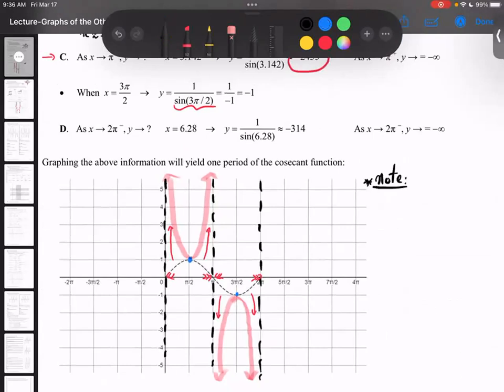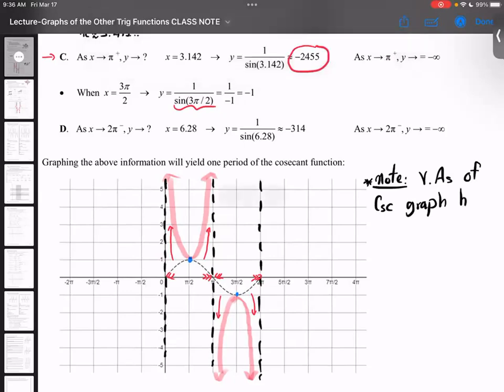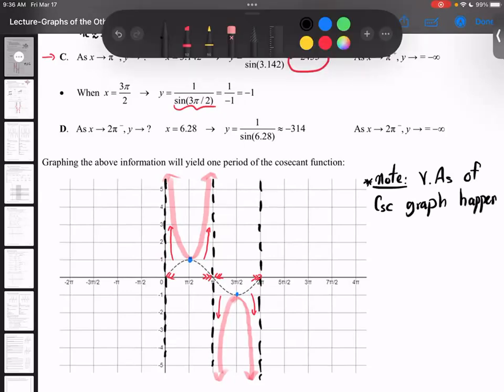The vertical asymptotes of the cosecant graph, the one in red, happen at the x-intercepts of the sine function. The sine function is the one in dashed line. And it's always true. This is a very helpful little trick, right?